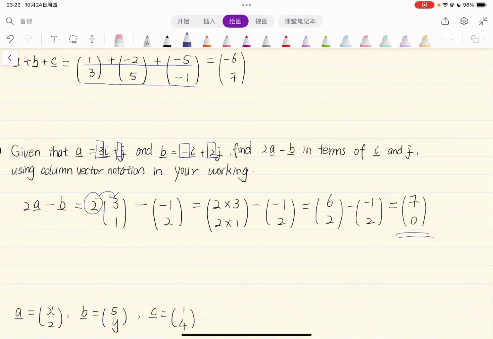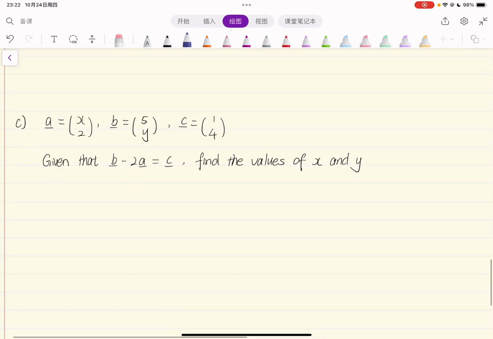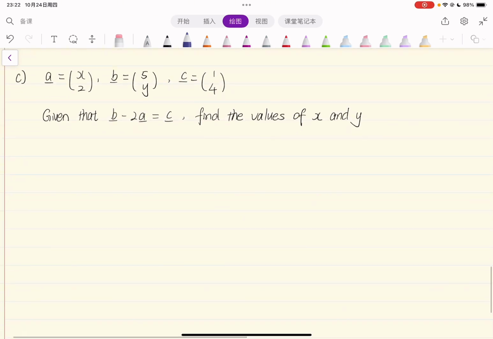Now let's move on to see another question. For part c, we have the column vector a, that is (x, 2), b equals (5, y), and c equals (1, 4). Given that b minus 2a equals c, find the values of x and y.